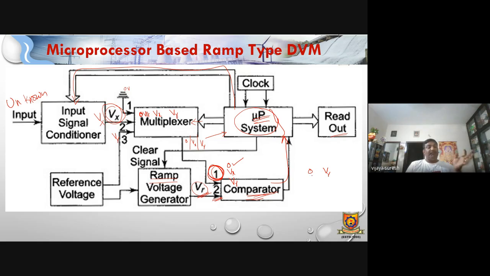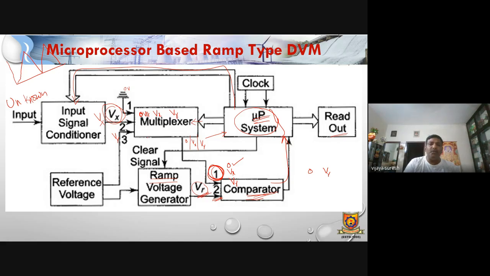Whenever the ramp voltage reaches 0, the ramp keeps increasing, decreasing, increasing, decreasing like this.